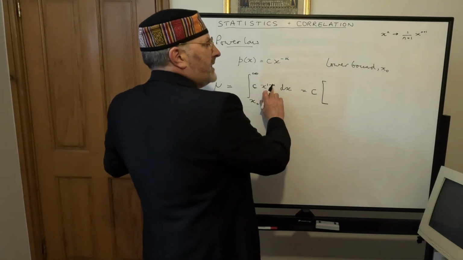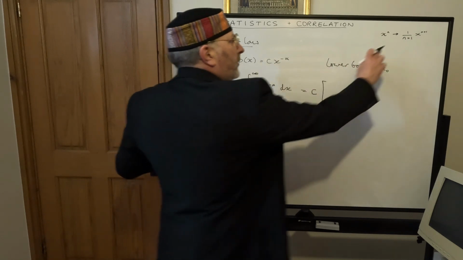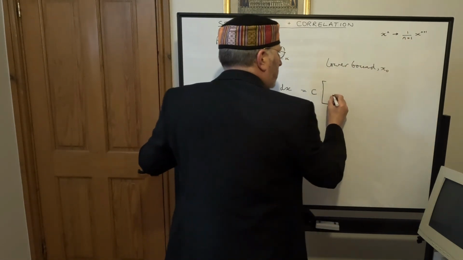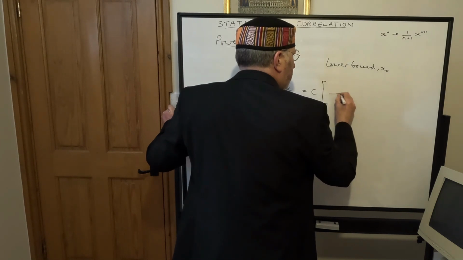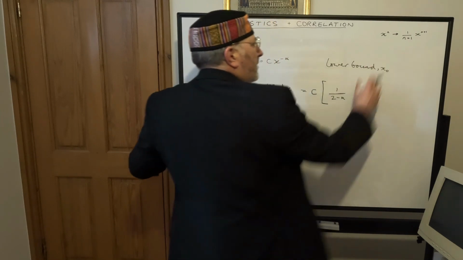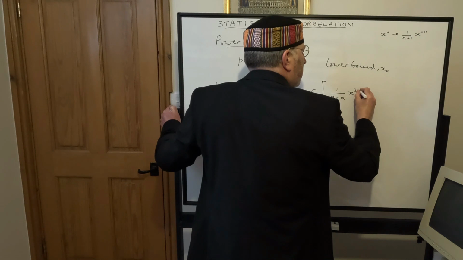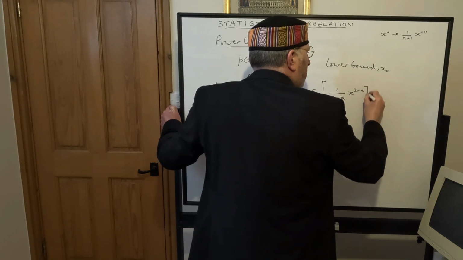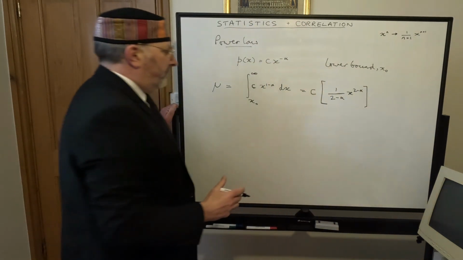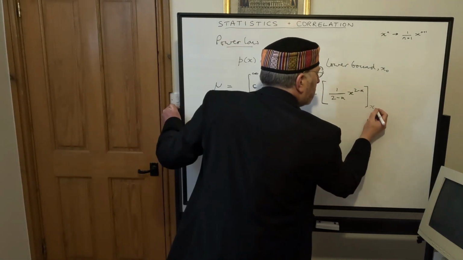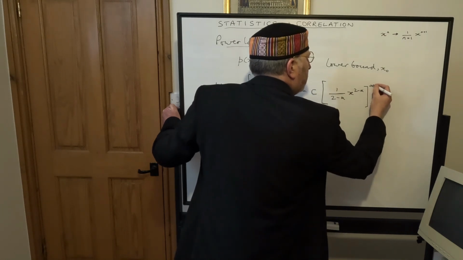So in this case, n is 1 minus alpha, so n plus 1 is 2 minus alpha. So we get 1 over 2 minus alpha, times x to the 2 minus alpha. And we're going to calculate that between x0 and infinity.